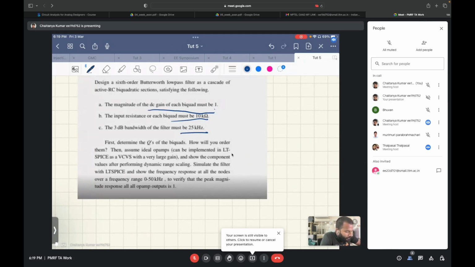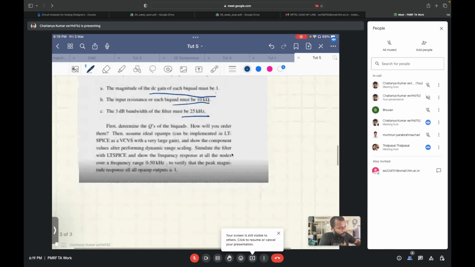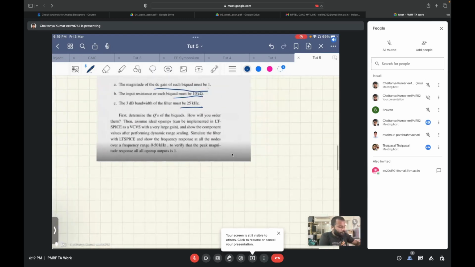After that, determine quality factors of the biquads. How will you order them? Assume ideal op amps and show the component values. Simulate the filter in SPICE so that the frequency response at all nodes over 0 to 50 kilohertz, and verify that the peak magnitude of all op amp outputs is 1. So this we are to do.